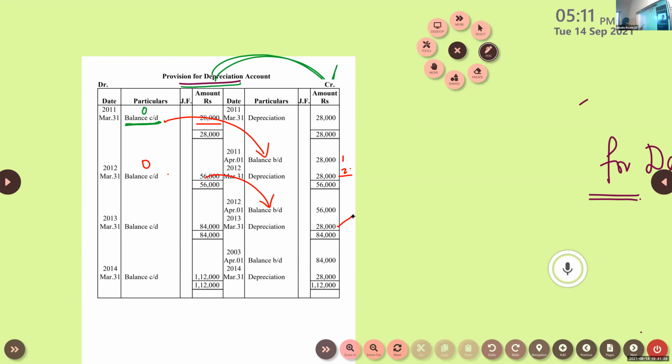Nothing is here, so balancing figure 84,000. Bring this to the next year. We are asked to prepare it for 4 years. So we stop here. Up to 4 years, depreciation is 1,12,000.